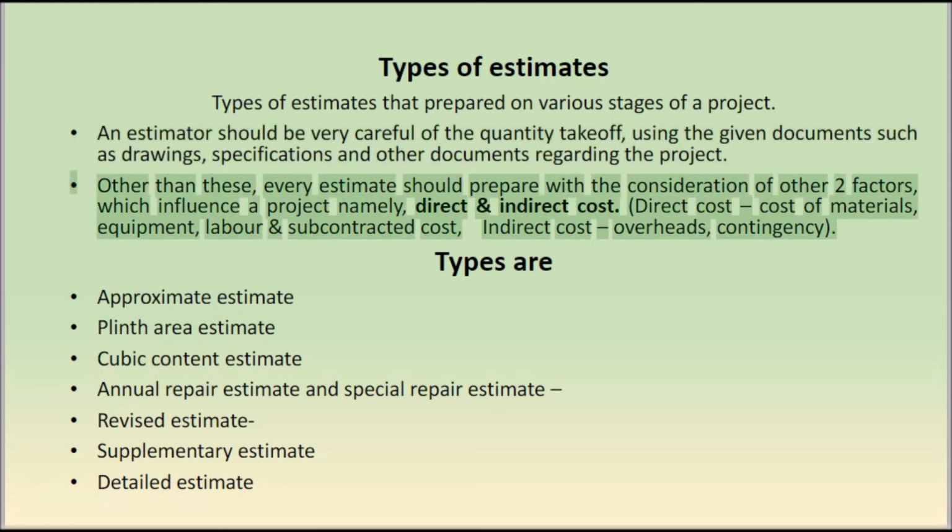Every estimate should be prepared with consideration of two other factors which influence a project, namely direct and indirect cost. Direct cost: cost of materials, equipment, labor and subcontracted cost. Indirect cost: overheads, contingency.